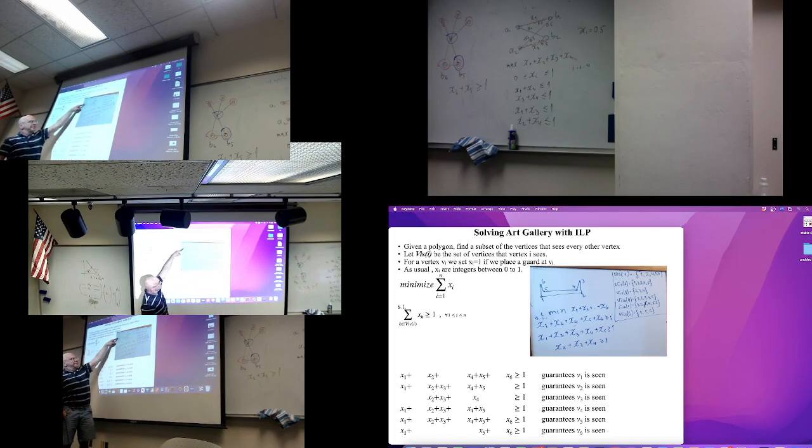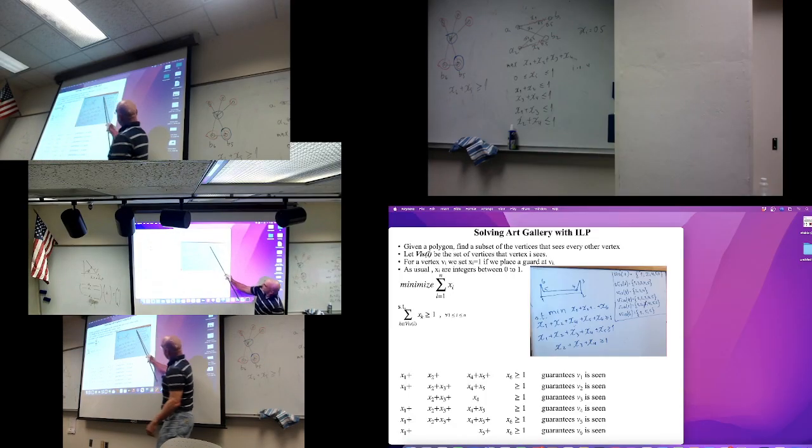Vertex 6 sees itself, sees vertex 1, sees vertex 5, but it does not see vertex 3 because the segment between them is not inside the polygon. Right? Vertex 1 sees vertex 4, the segment between them is inside the polygon.